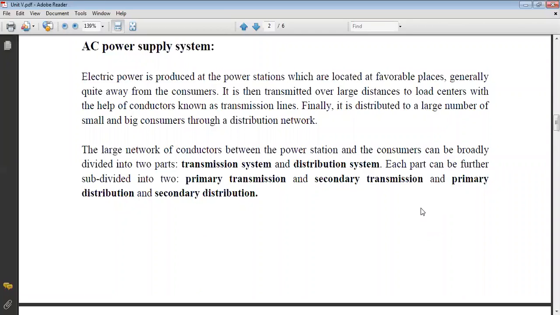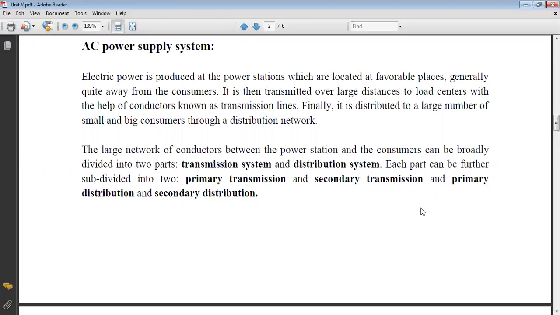At the start of the module, I explained that electric power is produced in power stations which are located far away from our home, from the consumers, the industrial area or the residential locality. So the generated power needs to be transmitted from the generating stations to our home or the industry.